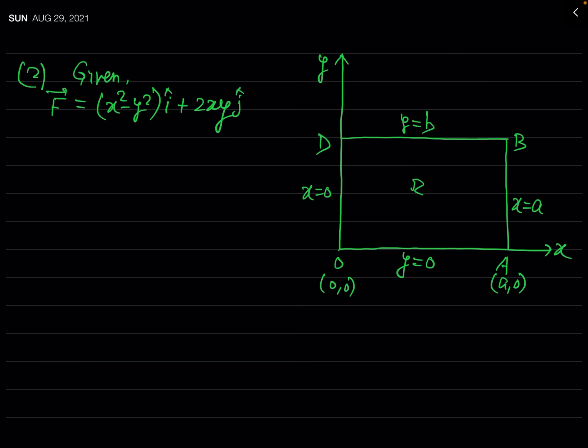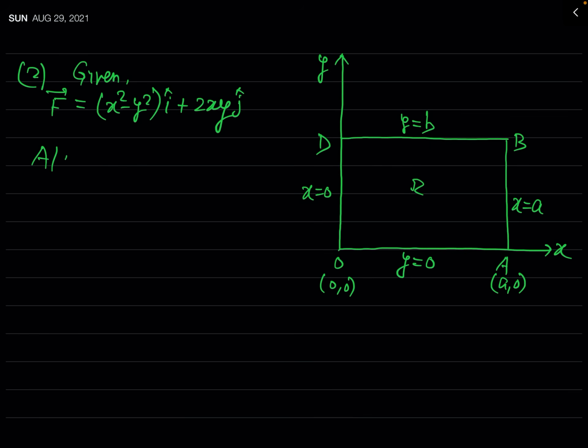This is the vector field. Now you know, for this vector field, if we have to verify the Stokes theorem, we have to show that the LHS and RHS of Stokes theorem are the same.